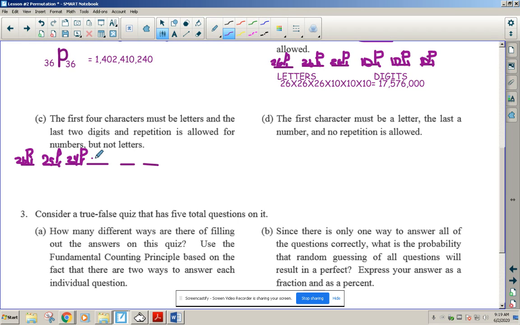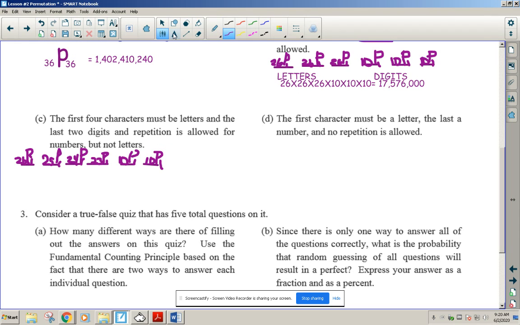And then you have 23 letters, where you picked one. And then you have 10 digits, where you pick one. And you're allowed to repeat, so now there are 10 digits still, where you pick one.